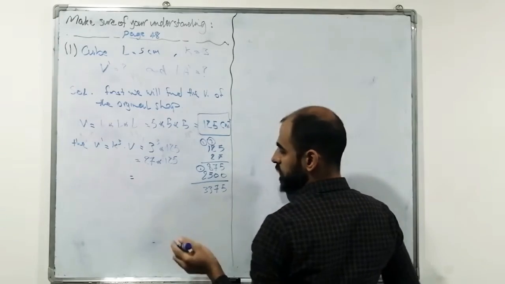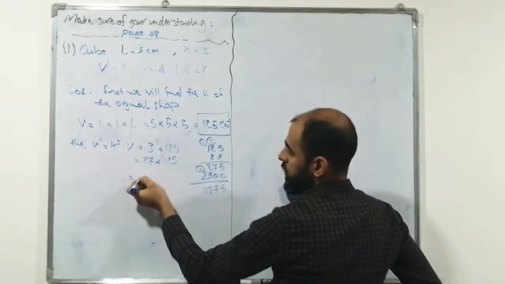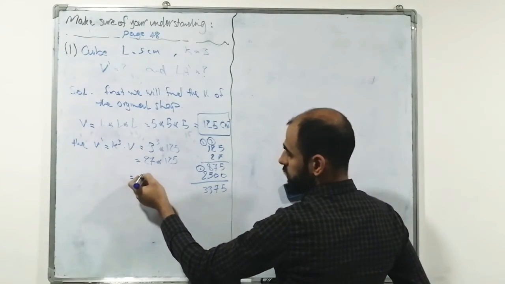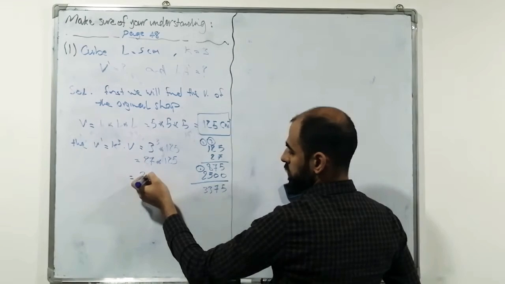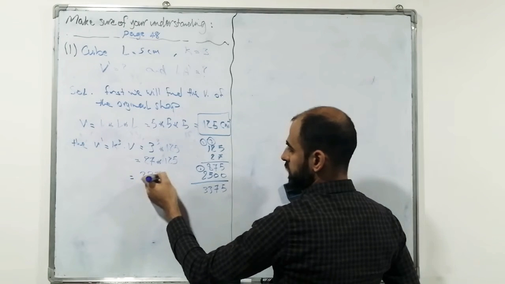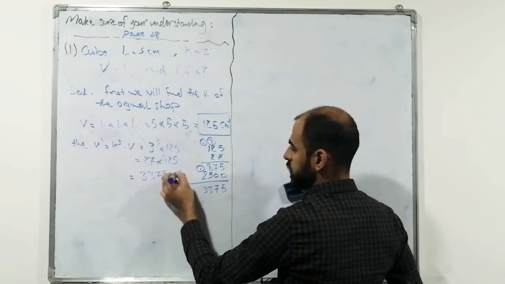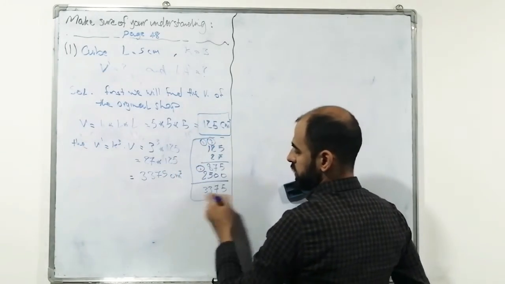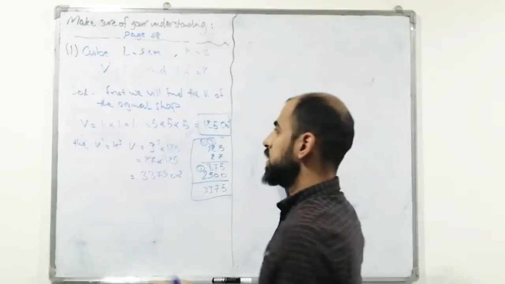Here we have the volume of the shape after dilation with dilation coefficient 3: 3,375 centimeter to the power 3.